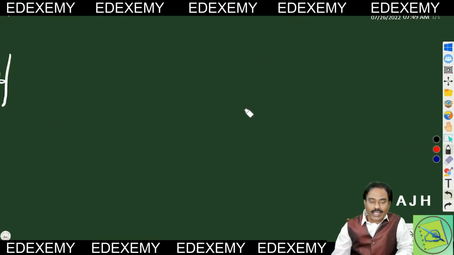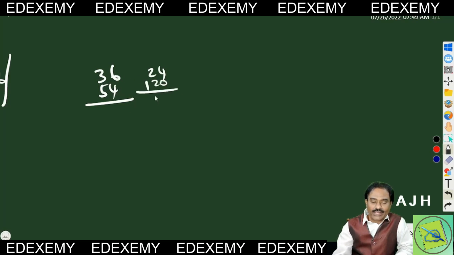Now we will see some more problems. 36, you take and multiply this with 54. 6 plus 4 is 10. Therefore, 6 into 4 is 24. Here 2 rotations. So 2 into 6 is 12, 120. 144.